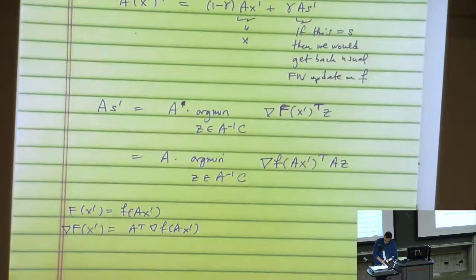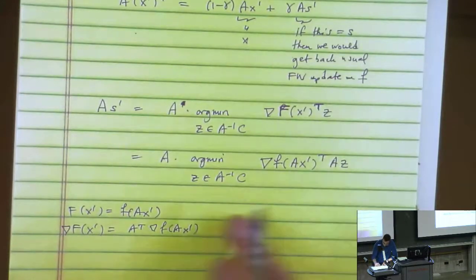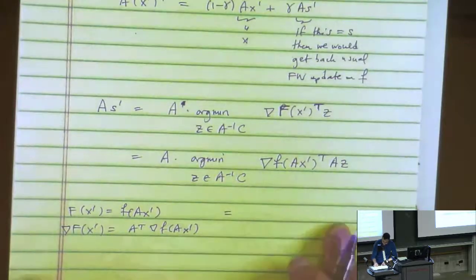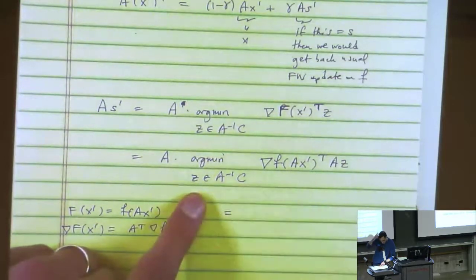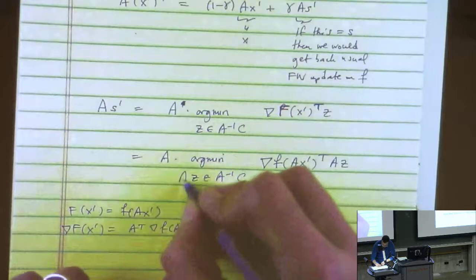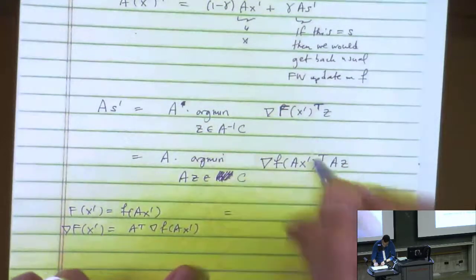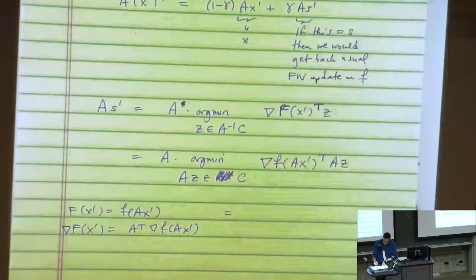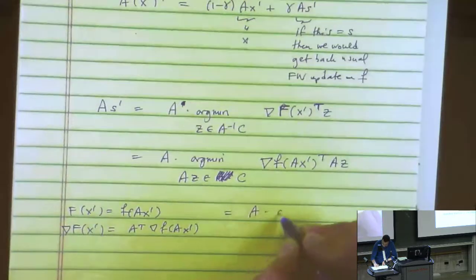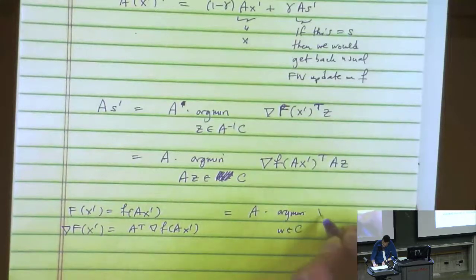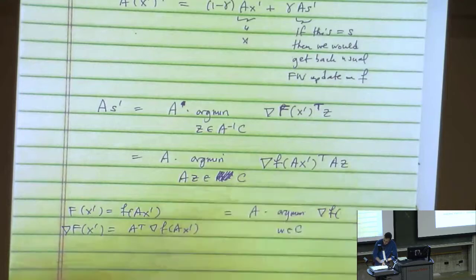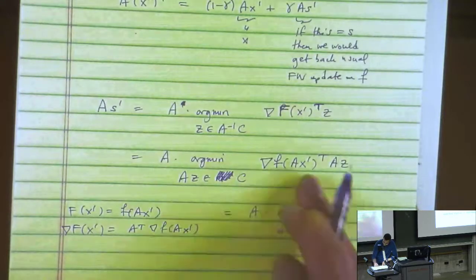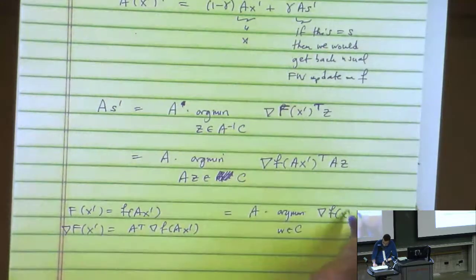And okay, so now if I have z in the set A inverse C, I can also write that as A z being in the set C. And I can just call this A z another variable, call it w or something like that. A times the argmin over all w in the set C of the gradient of f at, and remember A x prime is just x.